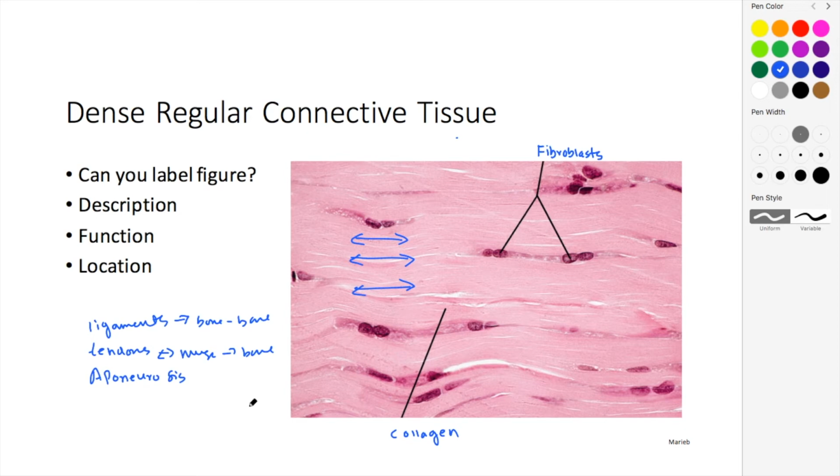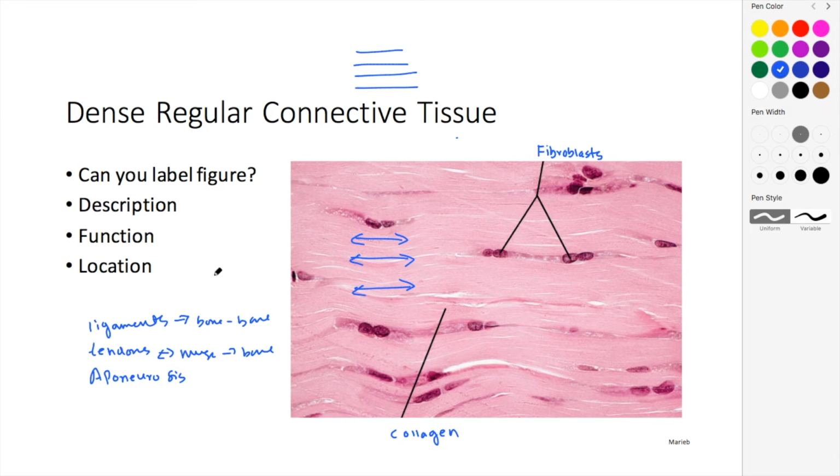And as I mentioned, the structure is a parallel structure. You're going to see here these are regular fibers. They run parallel to each other in the same direction, right? Like this way, parallel structure. If you see that kind of structure, then you must think about this dense regular connective tissue.